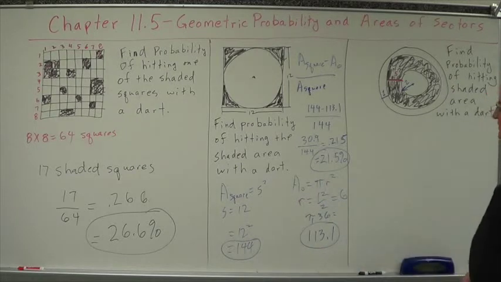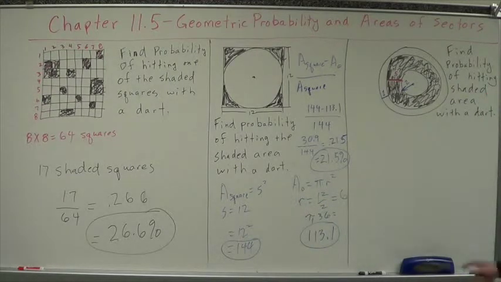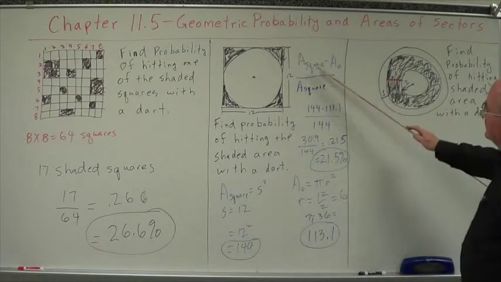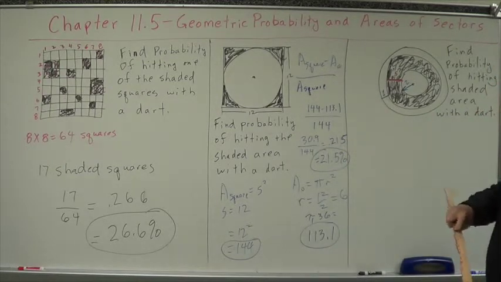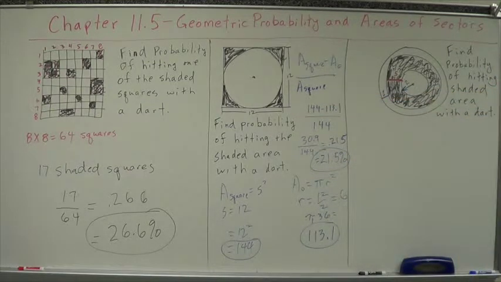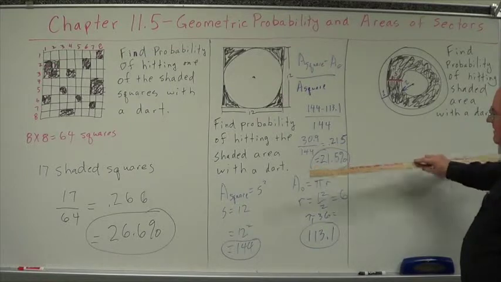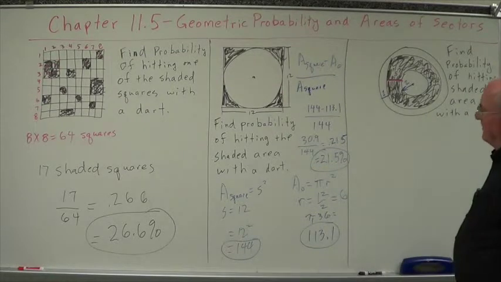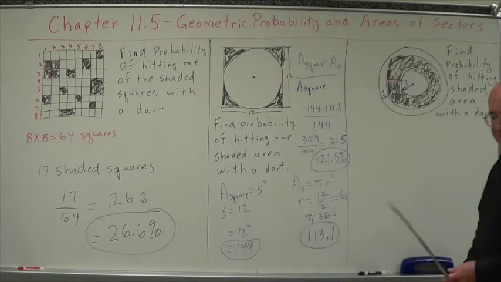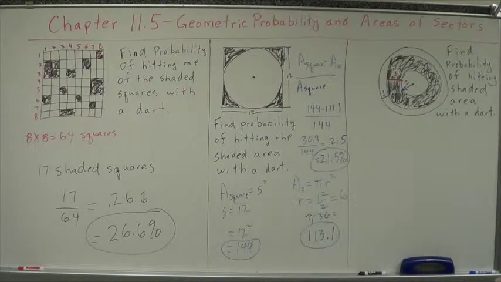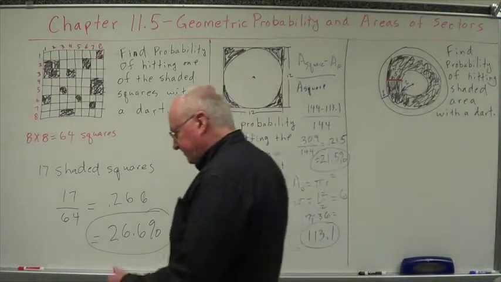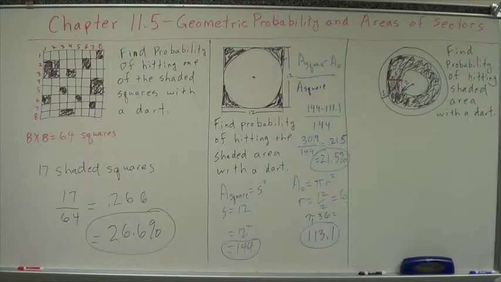We get 113.1. Now, to find the shaded area, we take the square, we subtract the circle from it, and we divide by the square to find that probability. We come up with 0.215, which is a probability of 21.5%. All right? Don't forget to divide by the total area.